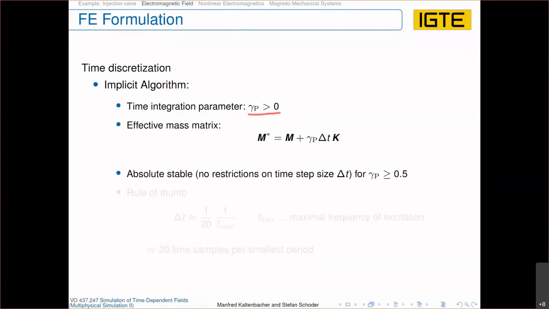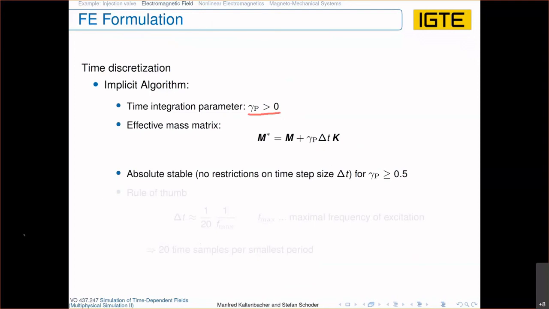So you have no restrictions on the time step delta t if this integration parameter is larger or equal to 0.5. Even for the case where it is larger than 0 but smaller than 0.5, we have some restrictions on the time step in order to get a solution at the end, and so that you don't diverge when you compute a lot of time steps.